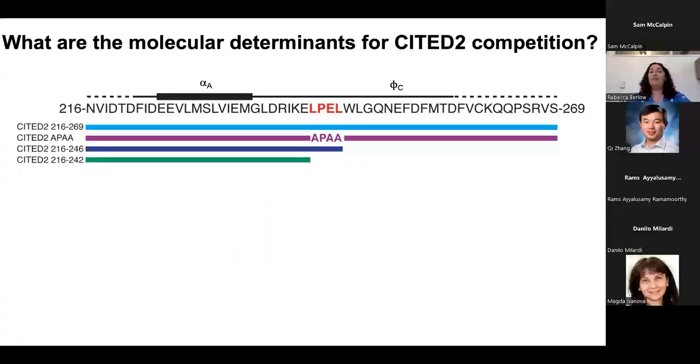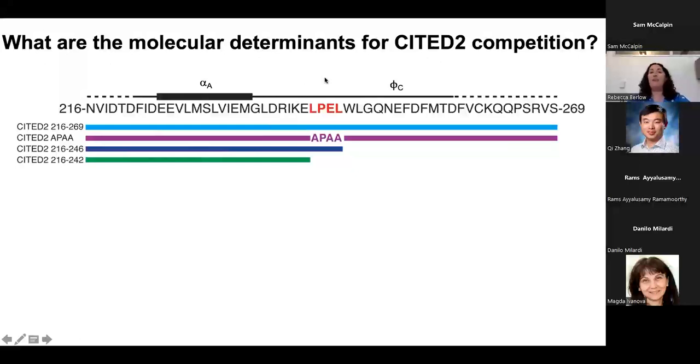And so, of course, we were still very interested in understanding what makes CITED-2 such an effective competitor. And so we made some more constructs. I've already told you about this N-terminal truncation construct where we were looking at just the role of the CITED-2 N-terminal region in driving competition and interactions with the TAZ1 HIF-1 alpha complex.